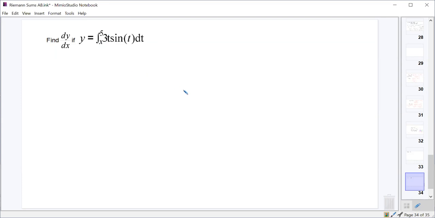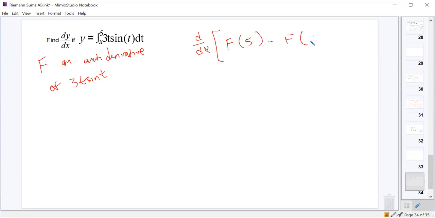So let's look at this two different ways. First, let's call capital F an antiderivative of 3t sine t. Okay? And so we could write this out as the derivative with respect to x of capital F of 5 minus capital F of x.